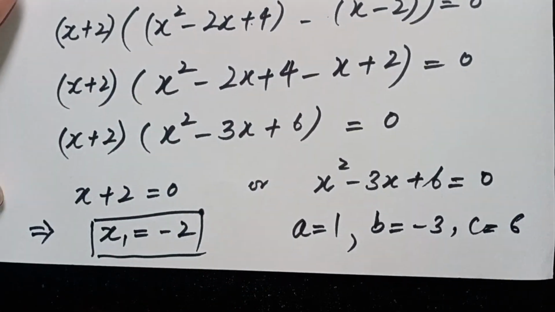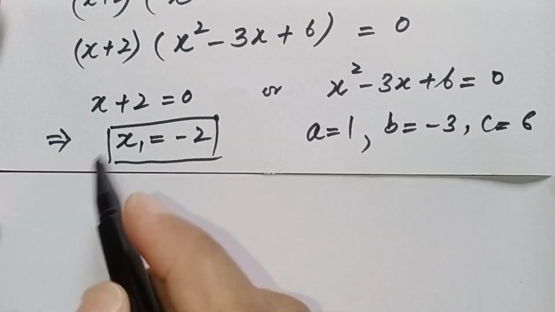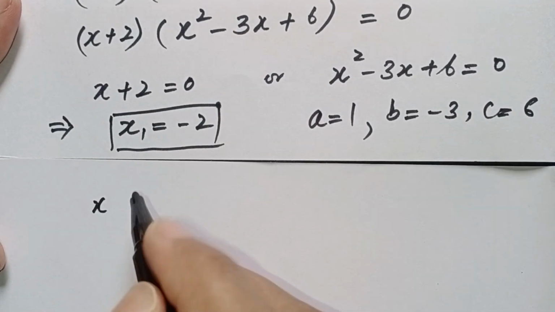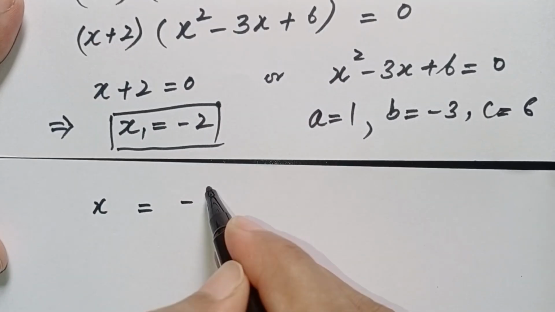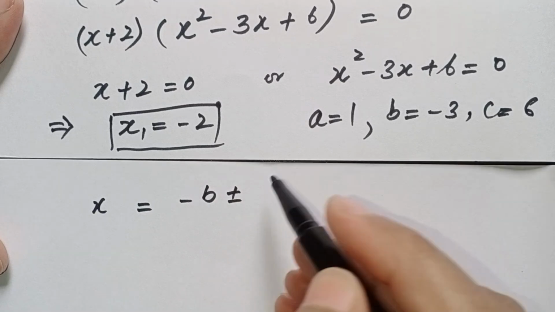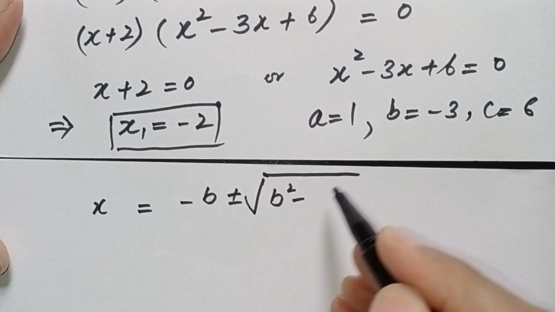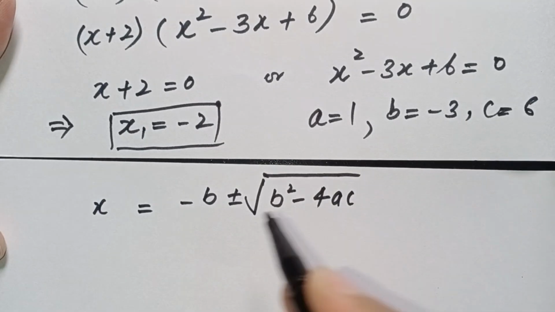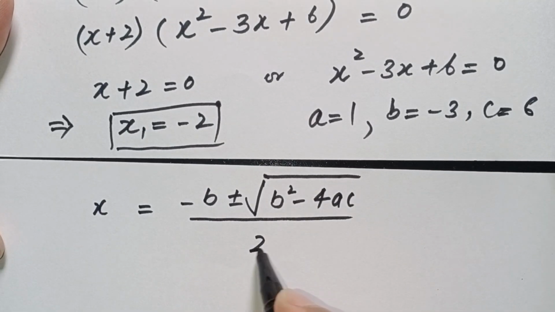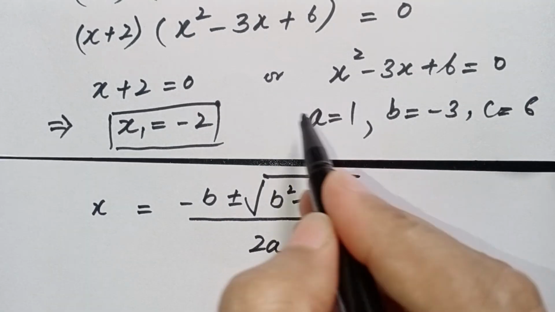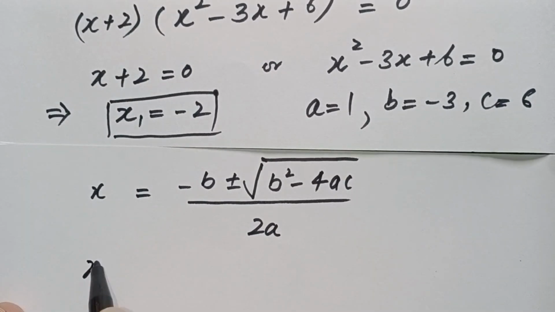Now we are going to use the quadratic formula to find out the value of x. So here we have x is equal to minus b plus or minus square root of b square minus 4ac, over 2a.